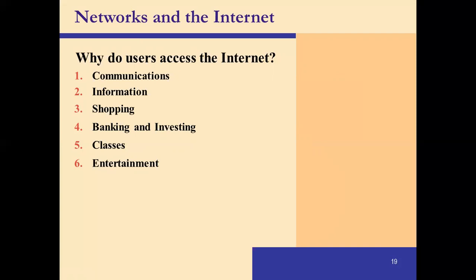And of course, like we are doing right now, classes and entertainment. Basically these are the six main things for which users access the internet.